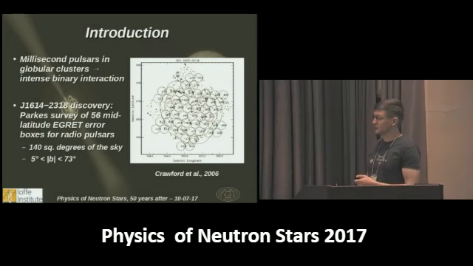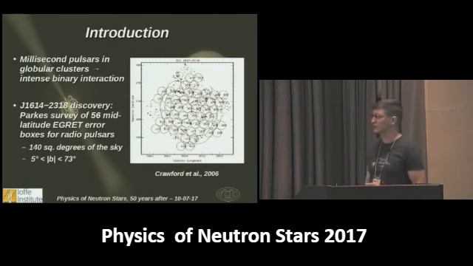And one of them was the radio pulsar J1614, which was unexpectedly found via the Parkes survey of 56 mid-latitude EGRET gamma ray error boxes.